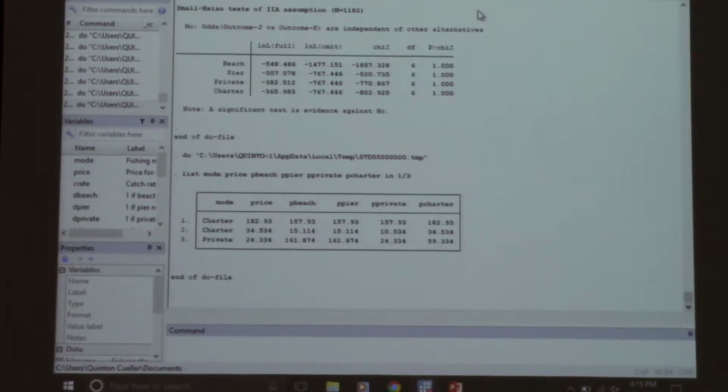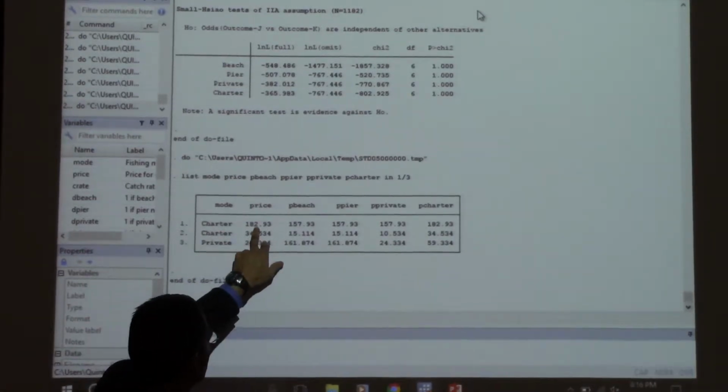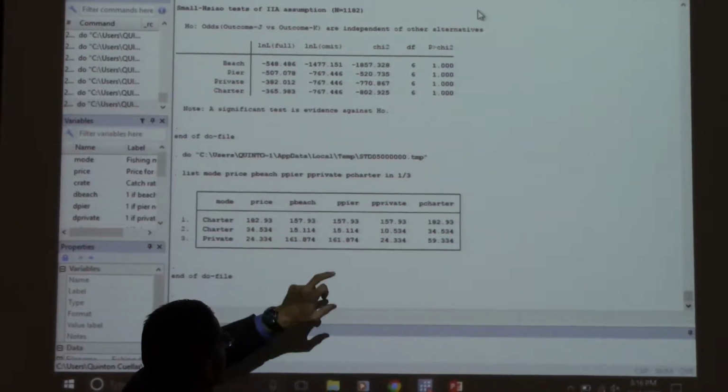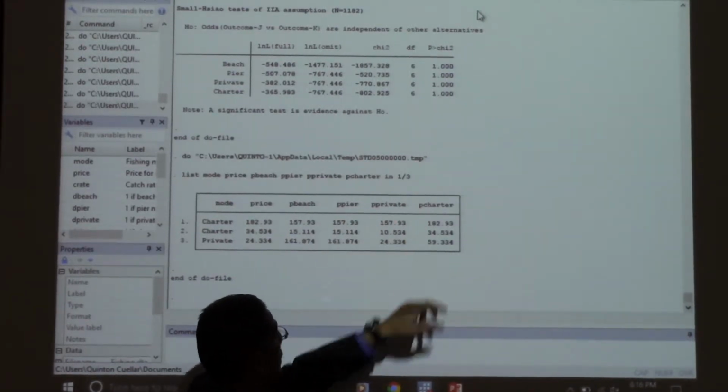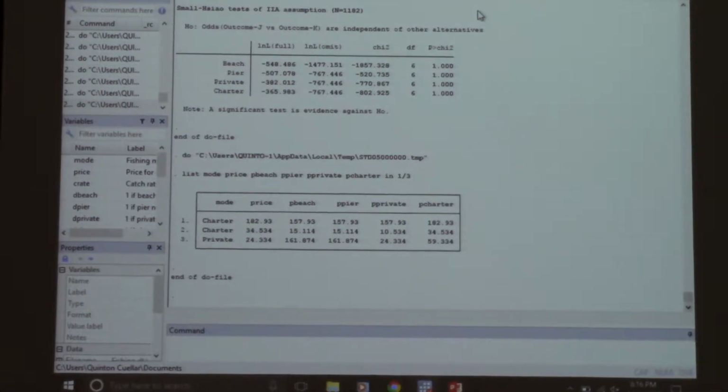We need to create the data in what's called long form, where instead of having one person facing the price of beach, pier, private, and charter, we're going to have that one person, and let's just say that they have an ID, and they're person 1.